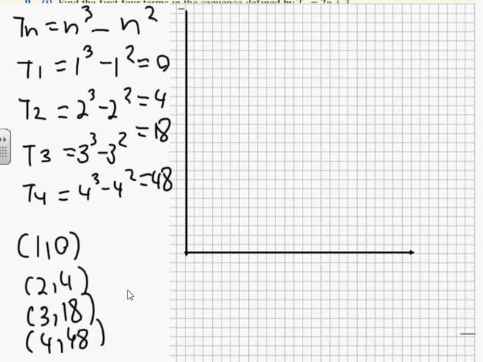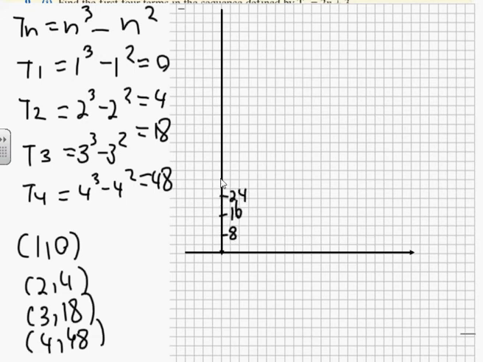Now, that's pretty large on the scaling. So what I'll do here is count up in 4s, or every 2 blocks is worth 8. So 8, 16, 24, 32, 40, 48. Then I'll just space these out as 1, 2, 3, and 4.